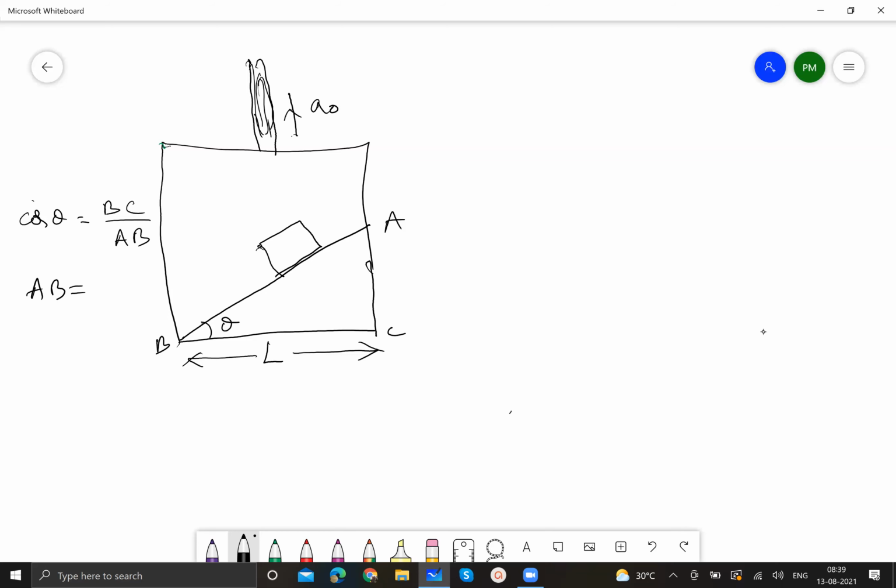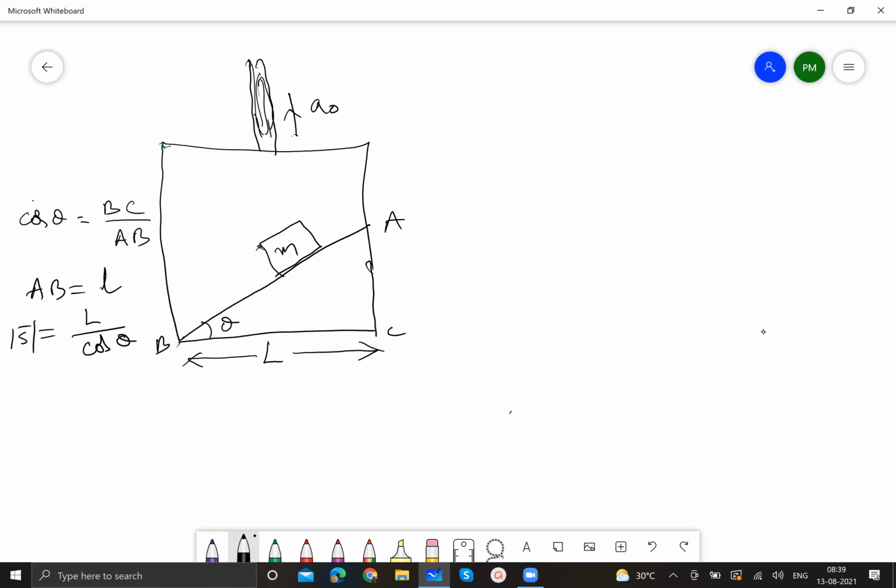For the block to slide down, the displacement is AB. So that is nothing but the length of the inclined plane. So it will be equal to L by cos theta. So the body should displace through this distance to slide down.